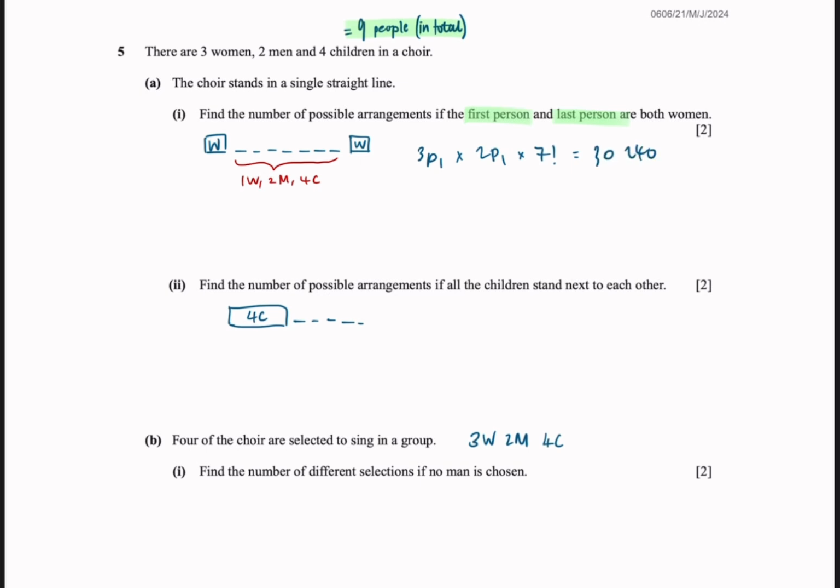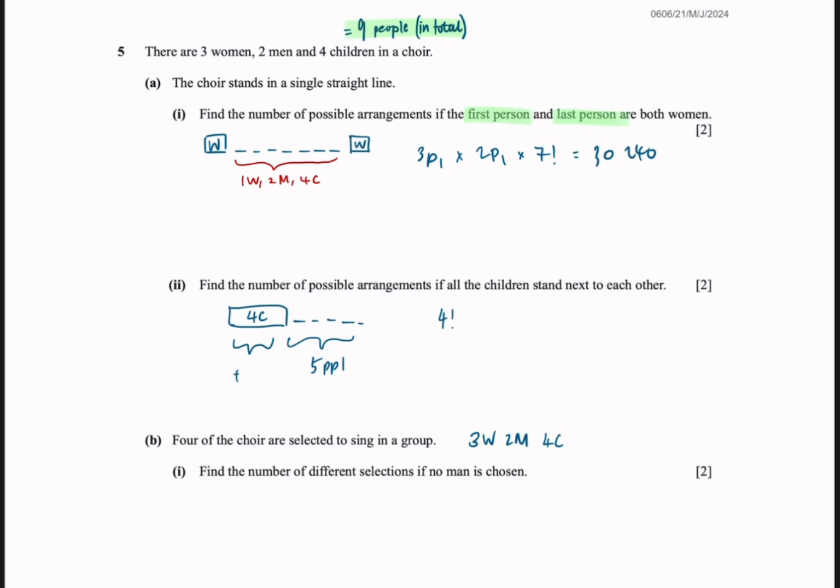Okay, part 2. Find the number of possible arrangements if all the children stand next to each other. What you can do for this question is you treat the 4 children as one block, and you can arrange the block. The arrangement within the block will be 4 factorial. But there's 5 other people here, and then you treat these 4 children as one block.